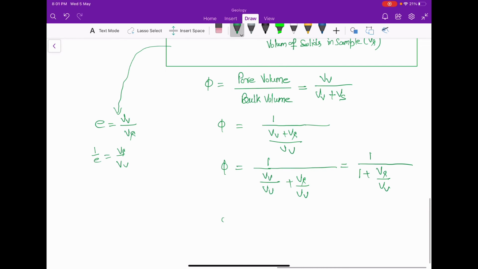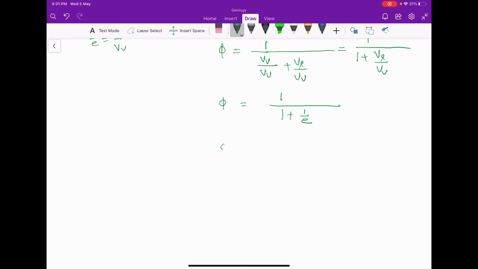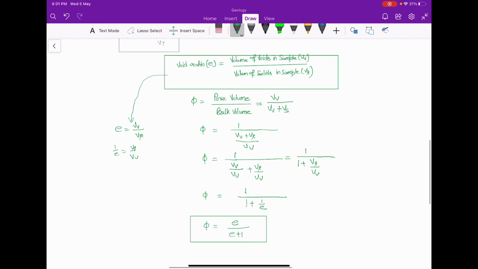So porosity phi is equal to 1 divided by 1 plus 1 over E, or we can simplify, phi is equal to E upon E plus 1. So this is the relation between porosity and void ratio.